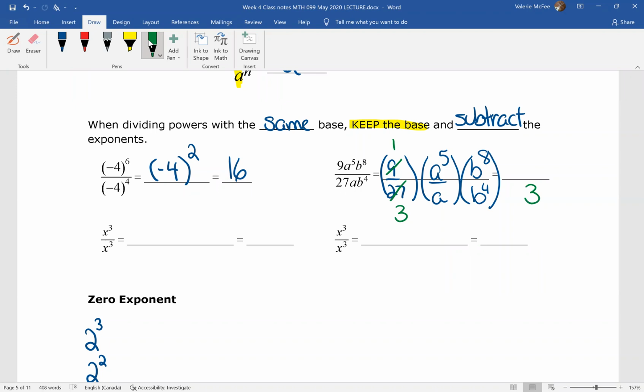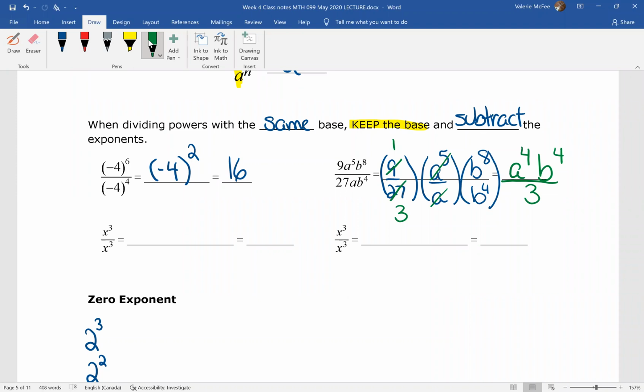Here, I can see that I have 5 a's in the numerator, 1 a in the denominator. 5 minus 1 is 4. 8 b's in the numerator, 4 b's in the denominator. 8 minus 4 is also 4. So we have a to the power of 4, b to the power of 4, all over 3.